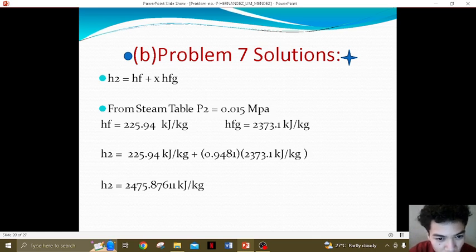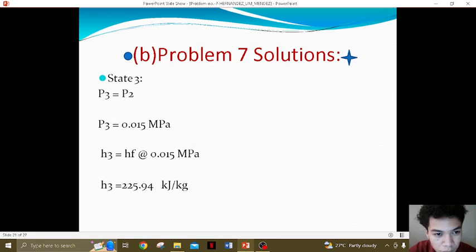Then you have the substitution there of 225.94 kJ/kg plus 0.9481 multiplied by 2373.1 kJ/kg. Then you have the answer H2 is equal to 2475.87611 kJ/kg.